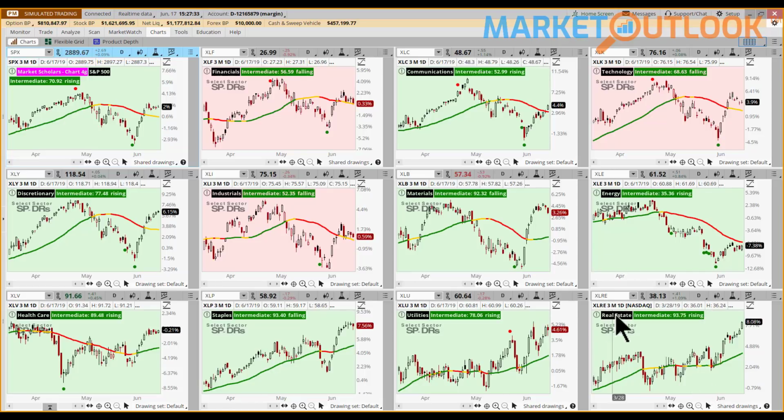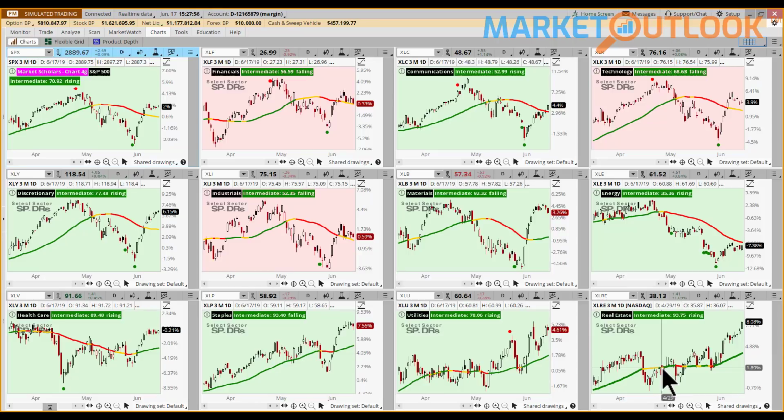XLRE is a little different than VNQ because XLRE is only going to be looking at REITs that are in the S&P 500. So these would be the larger cap types of REITs. But either way you look at it, whether it's VNQ or XLRE, those are some of the strongest trends on the board. So that is your breakdown from a sector perspective.